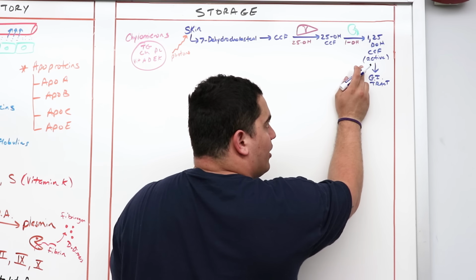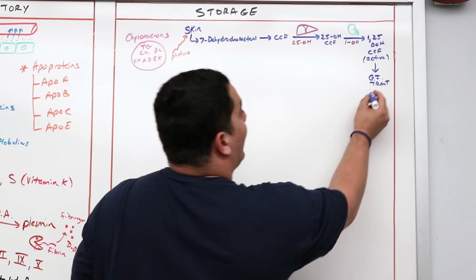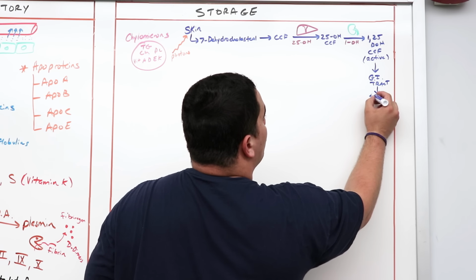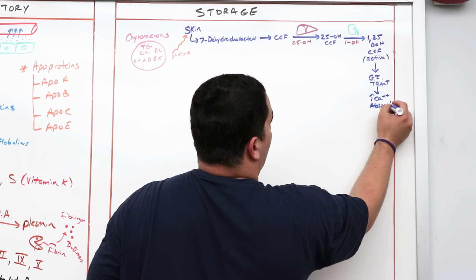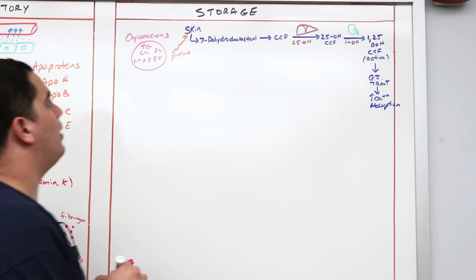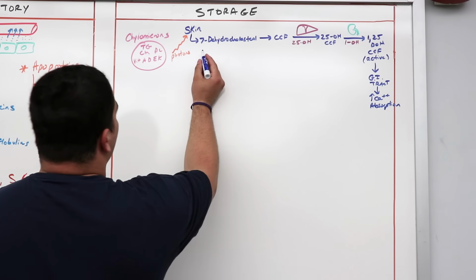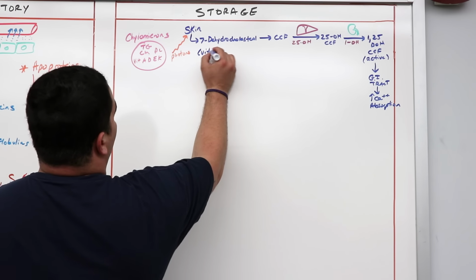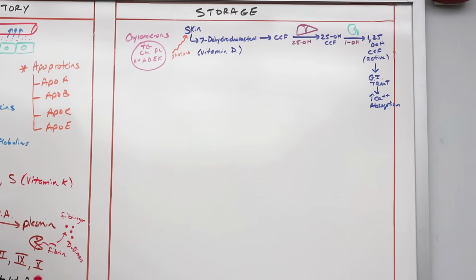It activates particular genes that increase the synthesis of calcium binding proteins, and that's going to lead to increased calcium absorption. Pretty cool, huh? All right. So this one right here is specifically for your vitamin D. That's its function there.